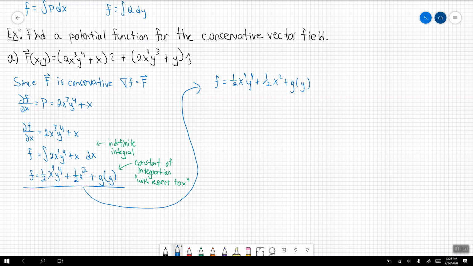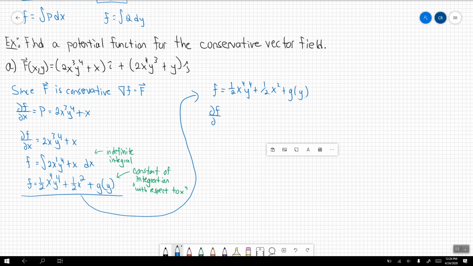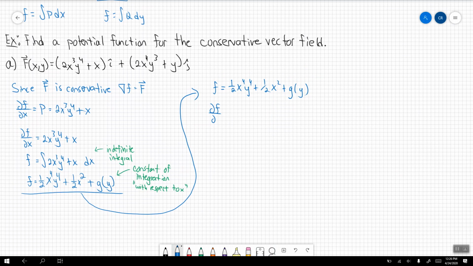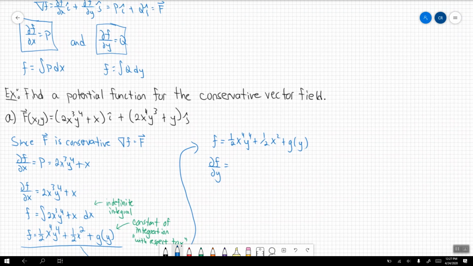And I'm going to take that derivative again, so partial derivative, and this time with respect to y. There's a reason why I'm doing this partial derivative now with respect to y. Number one, it's going to isolate this function that might be a constant with respect to x.